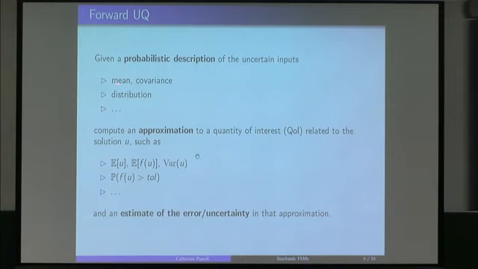You could pick a mean, a covariance, and some distribution information. Right? You have to decide how you're going to do this, and maybe you have data to inform you how to choose these things. You choose them, you put them into your PDE models, and then the goal, as Peter rightly said, is the thing that we frequently focus on, almost exclusively. We want to approximate a quantity of interest that's related to the solution of our PDE model, and we're going to use computer codes to do that.